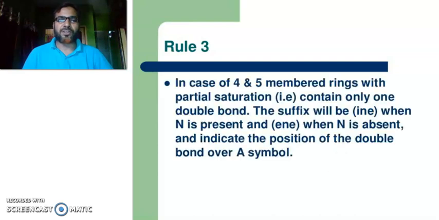This is the unsaturation. So in case of 4, 5, 6-membered rings with partial saturation containing only one double bond, the suffix will be -ine when nitrogen is present and -ene when nitrogen is absent. They indicate the positions of double bonds by delta symbols.